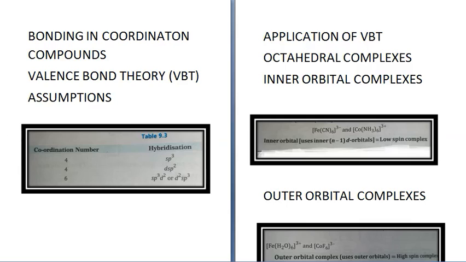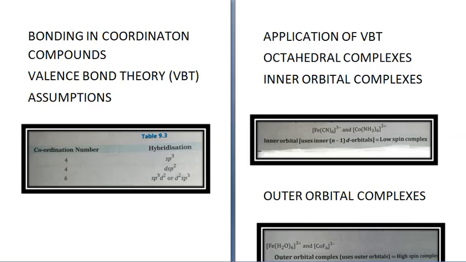The main assumptions for valence bond theory are that the central metal ion or atom in the complex makes a number of vacant orbitals available for formation of coordinate bonds with the ligands. The required number of atomic orbitals s, p and d of the metal atom or ion hybridize to give a set of equivalent orbitals of definite geometry.